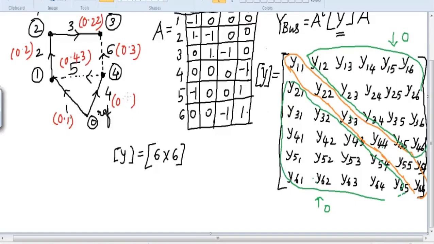So this is 0.1. So what we will do here now is make this Y matrix. Let us make the Y matrix.